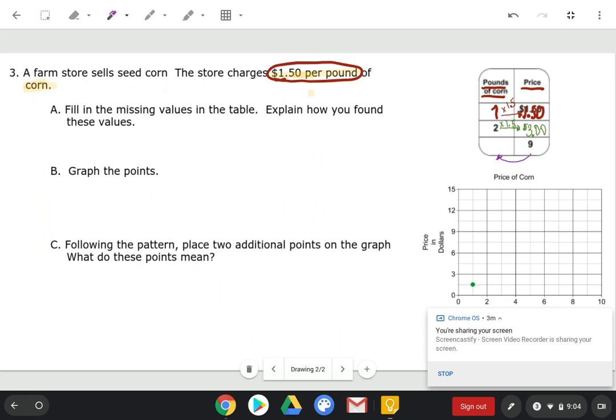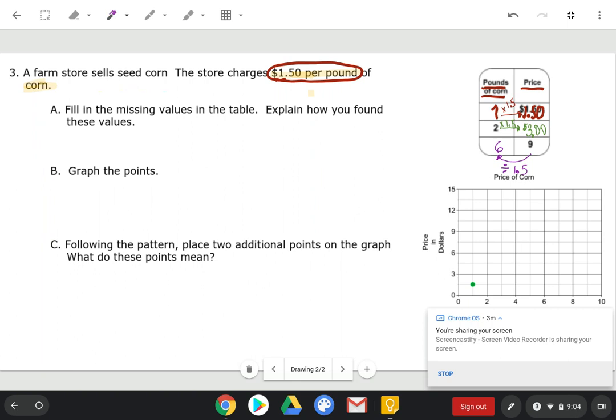So we're not multiplying by 1.5. We're doing the reverse or the inverse of multiplication, which is actually division. So we're going to have to take the 9 and divide it by 1.5. Okay, 9 divided by 1.5 is 6. So we just figured out that for $9, we can buy 6 pounds of corn.